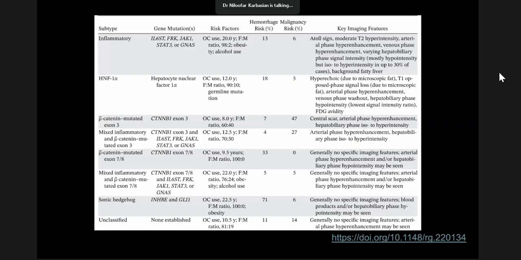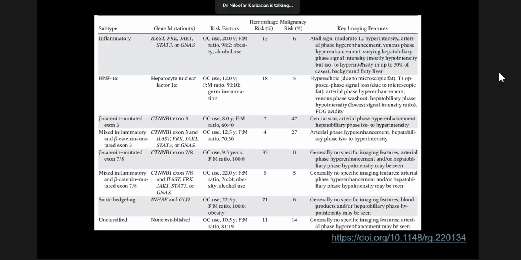They are usually associated with obesity, metabolic syndrome, or alcohol use. Their presentation on imaging has this classic atoll sign with a rim of hyperintensity on T2 and also a rim of hyperenhancement on all the sequences, including hepatobiliary. They can have this rim of uptake or rim of retention. But this atoll sign, to be honest, is not always present, and is actually very rarely seen. Mostly what makes us think of inflammatory is the T2 hyperintense signal.